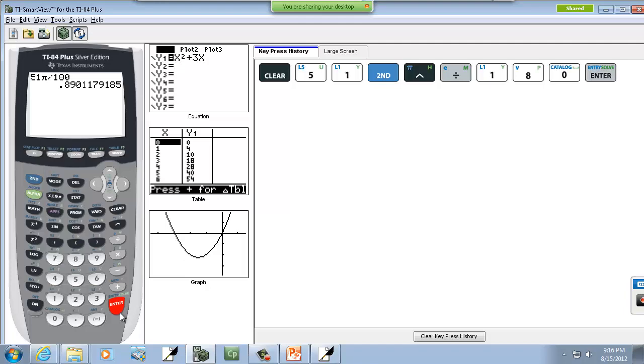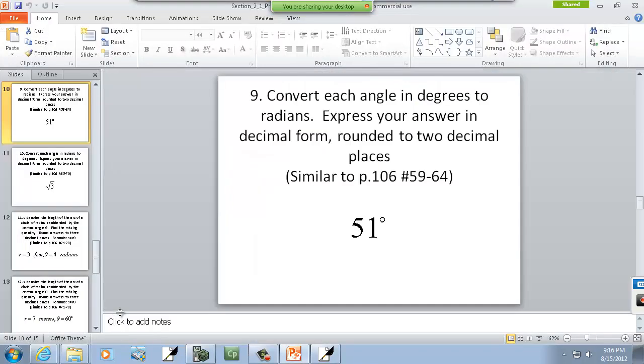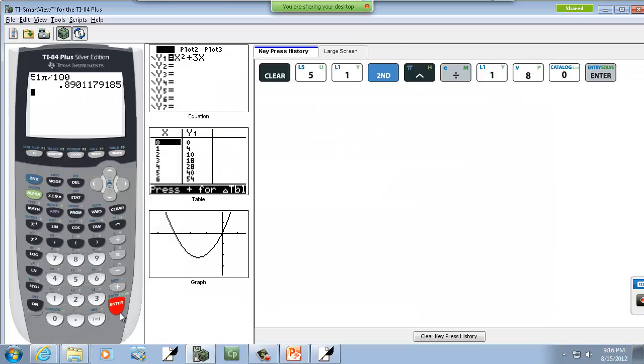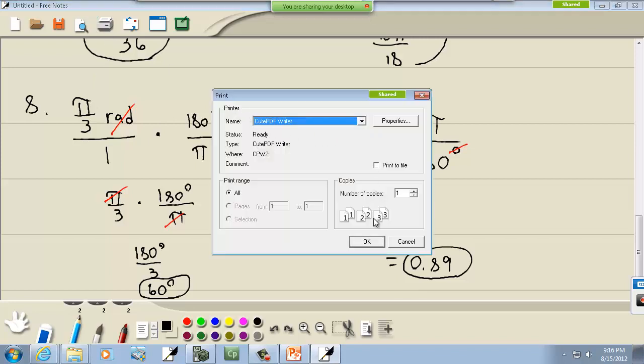And round to 2 decimal places. Okay, so our answer would be 0.89. Now we're in radians, so I don't need to put any kind of mark here. If there is nothing, then it's by default radians. Let me save that.